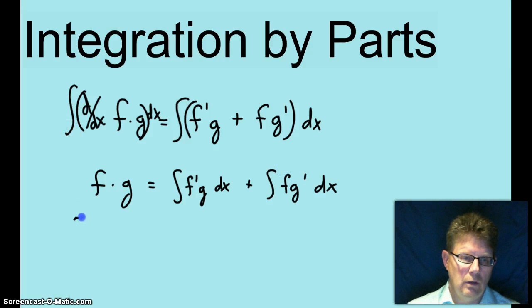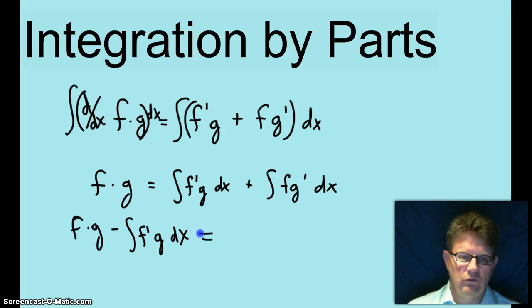So f times g minus the integral of f prime g dx equals, I'm just subtracting this from both sides, the integral of f g prime dx.